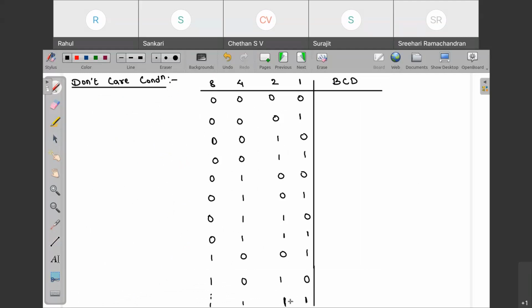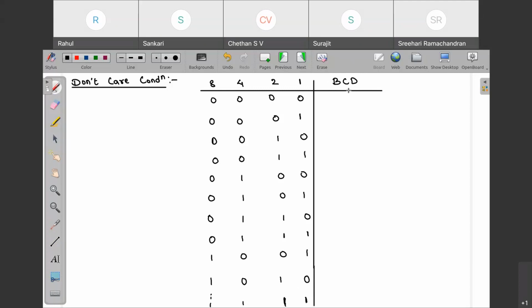See, all of you are partly correct. There are some functions or places where the combination of input is invalid. I have taken one example: binary coded digit.